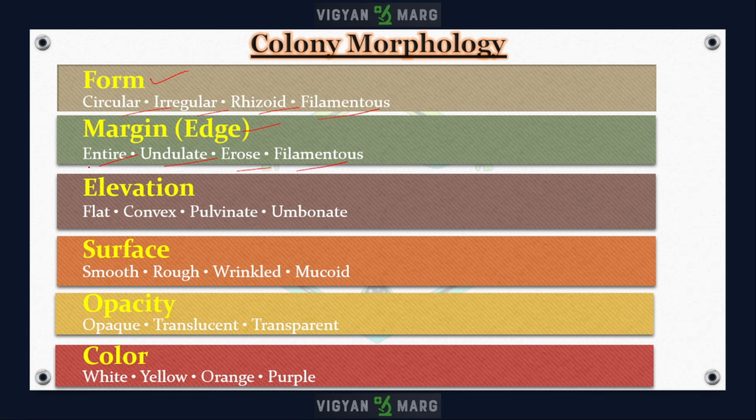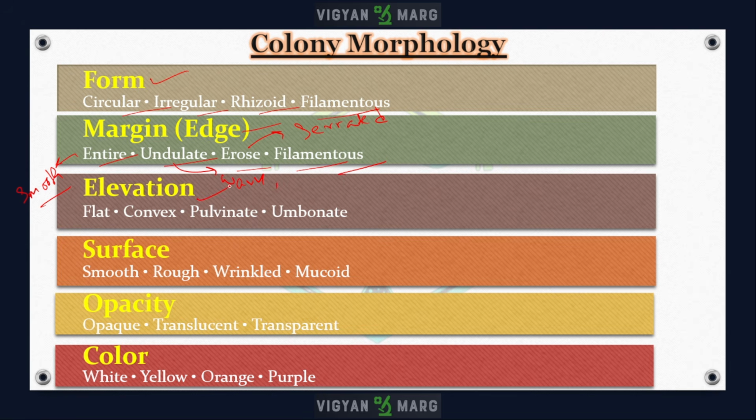And the margin can be entire, undulate, erose, and filamentous. Entire means smooth, undulate means wavy, and erose means serrated, and filamentous.